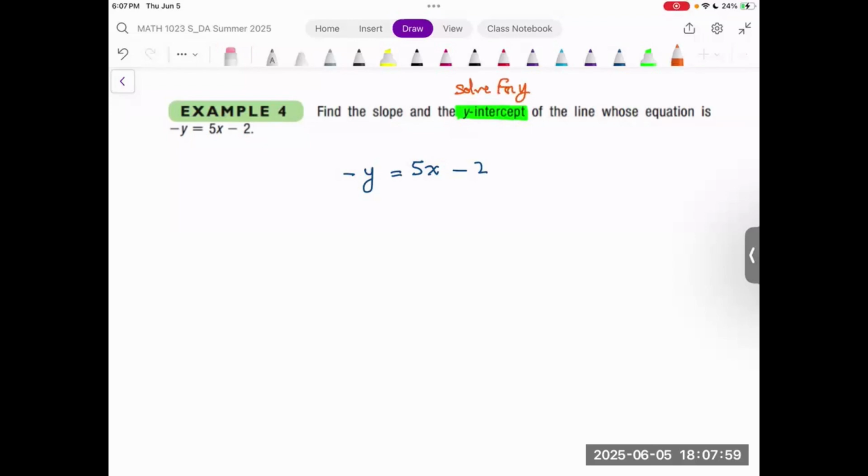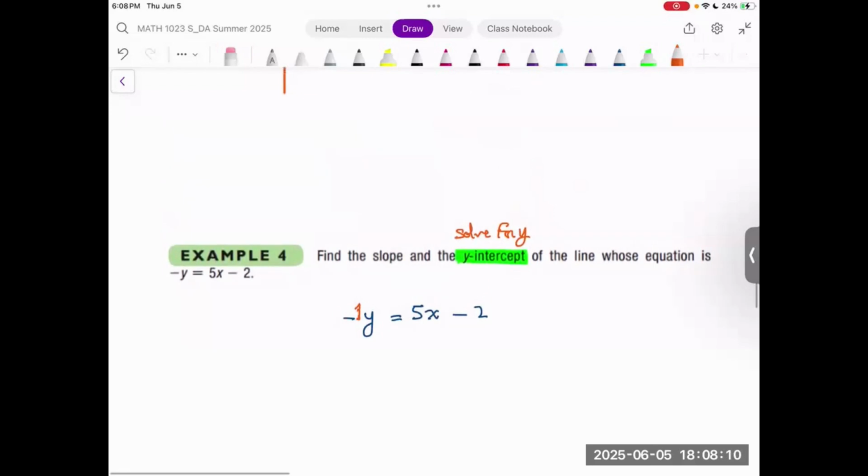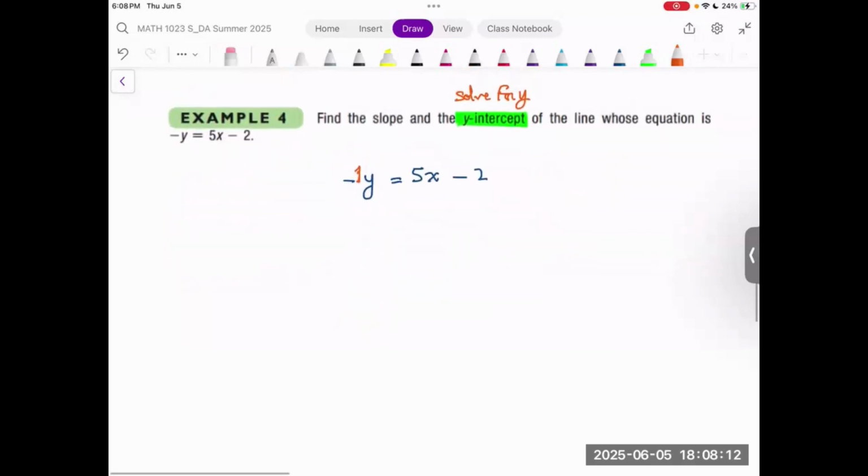What does it mean to solve for the y variable? It means the y has to be a positive y without any coefficient in front. Make sense? And sadly here we have a coefficient of -1 in there. So the easiest way is to multiply every term here by -1, all right? So I'm going to multiply by -1.